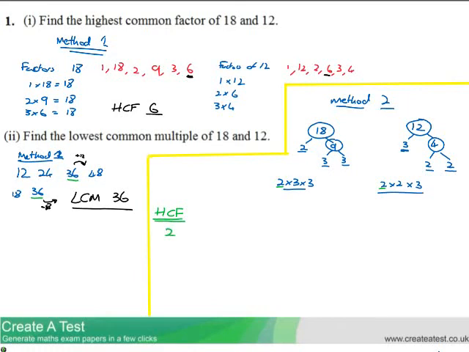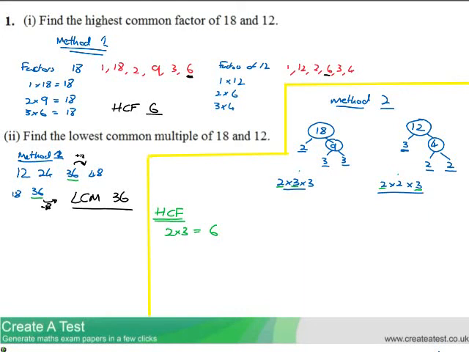They both have at least one 3. This one has an extra 2, and this one has an extra 2, but they don't have them in common. And we're looking for common factors, things they share. They share one 2 in common, and they share one 3 in common. So the highest common factor, as we found before, is 6.